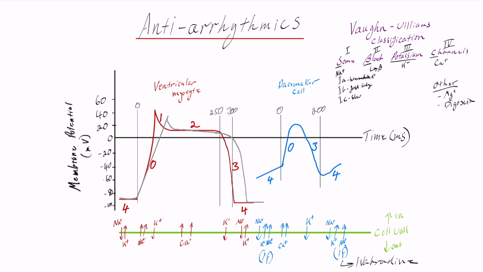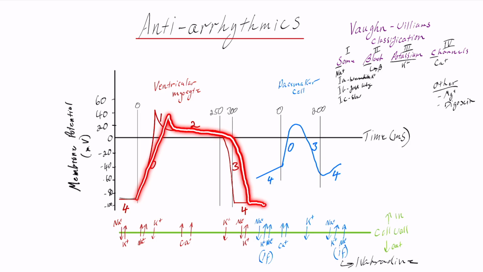So as you can see here, we have a shallower depolarization, and our class 1A medications have some potassium channel blocking effects, so you actually do get a slowing down of our brief repolarization period before we hit the plateau. Then our calcium channels are open, so the plateau's there, and then our phase 3 is slowed because of the potassium channels that are also blocked. And then we hit our normal resting membrane potential.